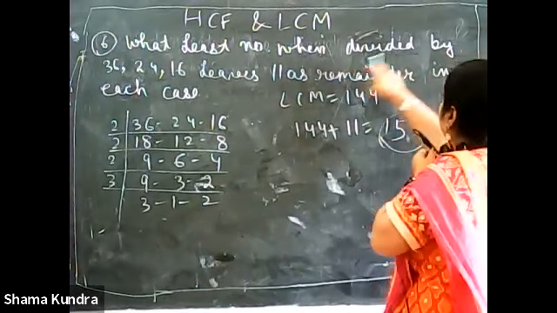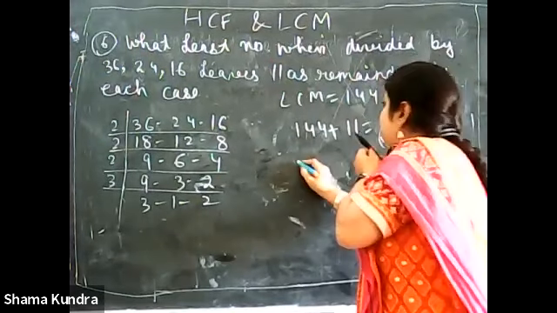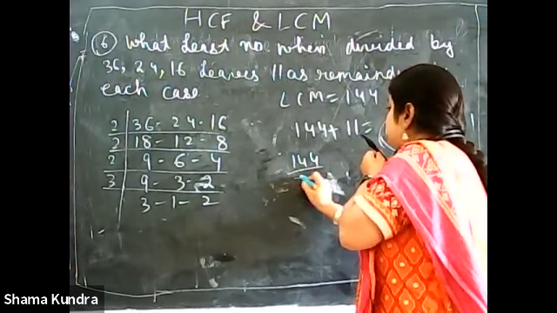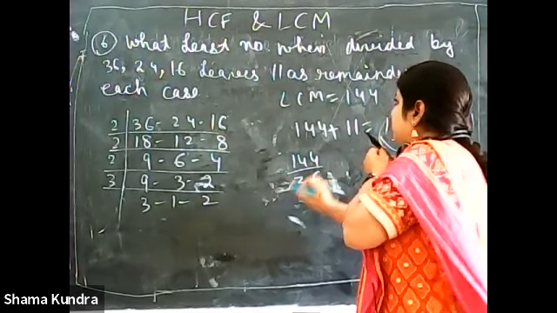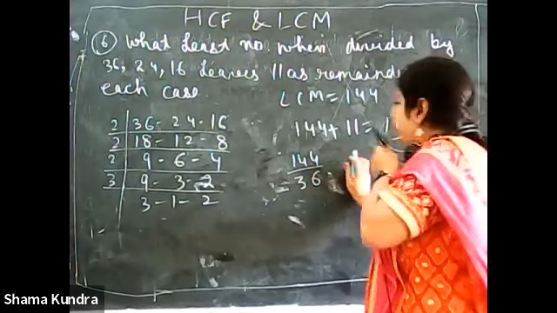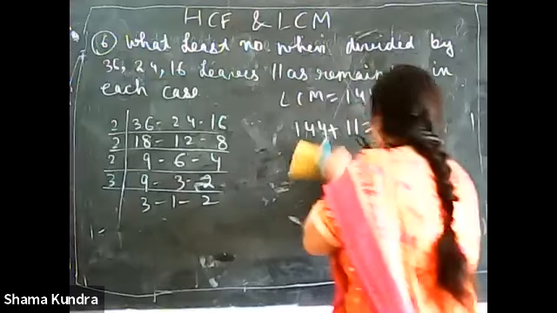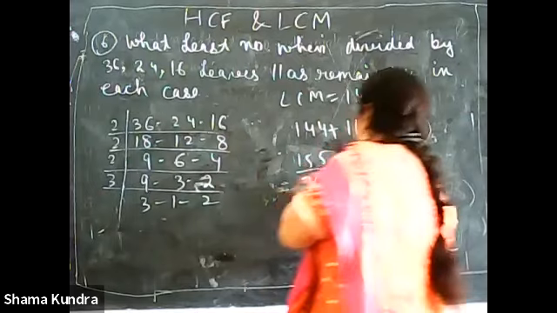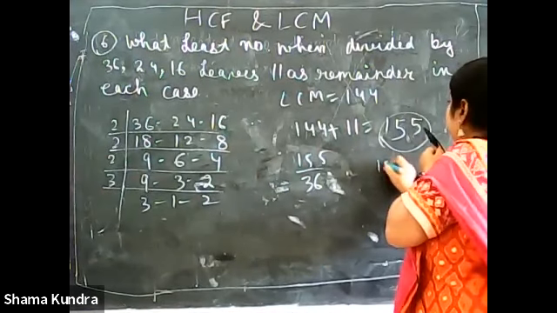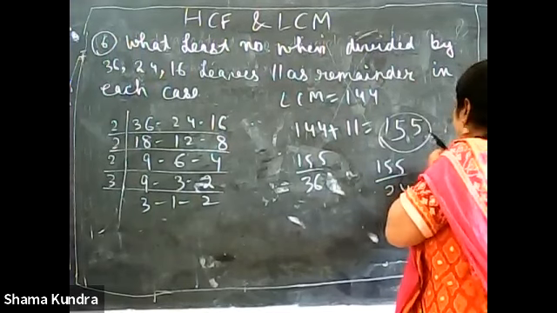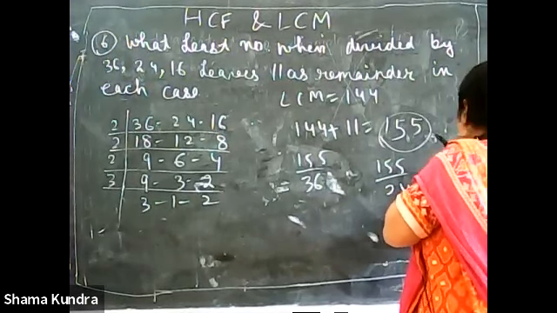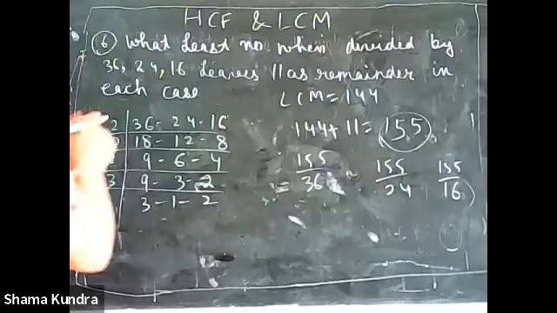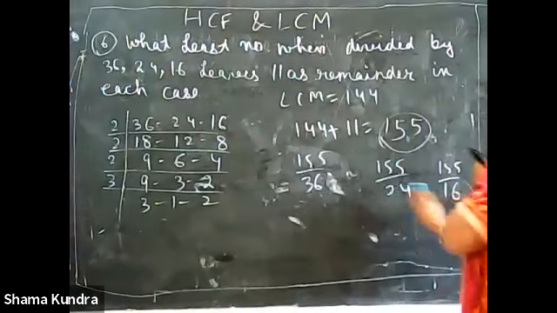When we divide 155 with 36, 155 with 24, 155 with 16, you can check the remainder is 11 in each case.